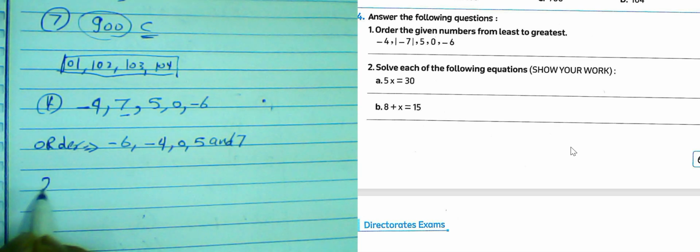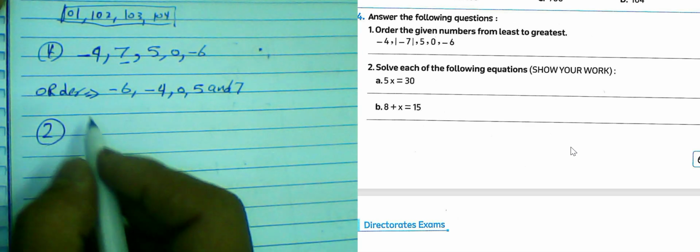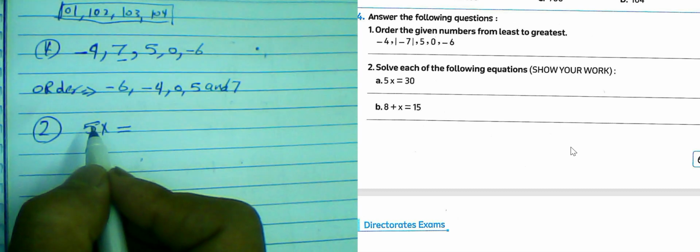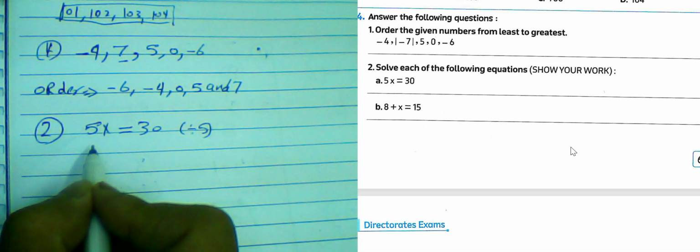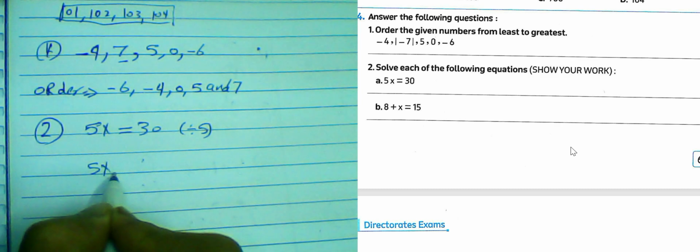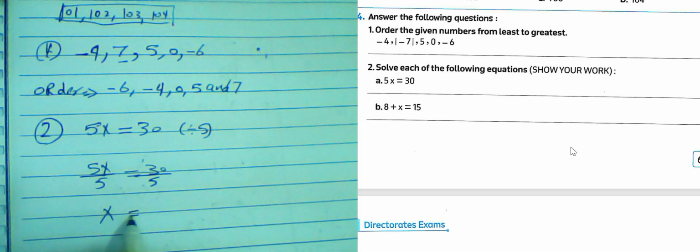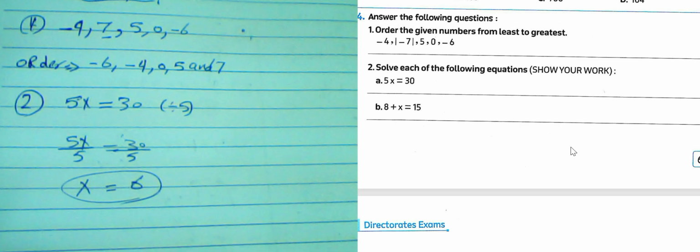Question number 2. Solve each of the following equations. Equation A: 5x equals 30. We can divide by the coefficient of x, 5 divided by 5. Then 30 divided by 5 equals 6. So the value of x here equals 6.